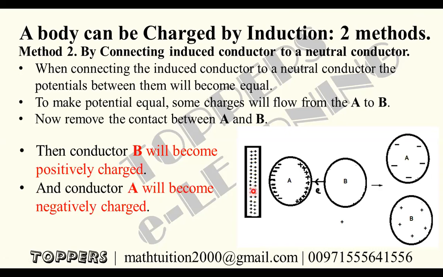So what we are doing is bringing a positively charged body near a neutral body. Initially this was a neutral body, right? Then what will happen? The area near the charged body, the electrons will come and accumulate in this area, because there is an attraction between positive and negative charge.